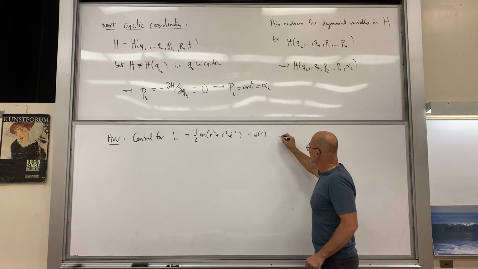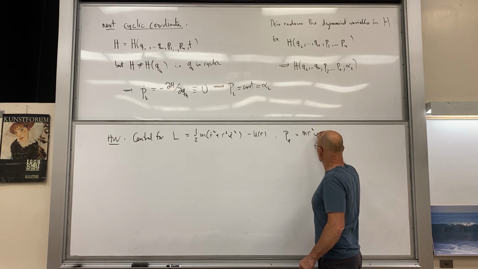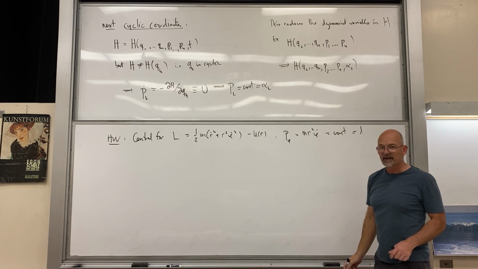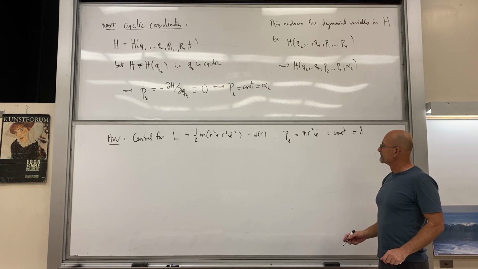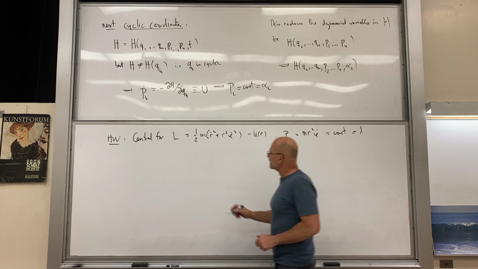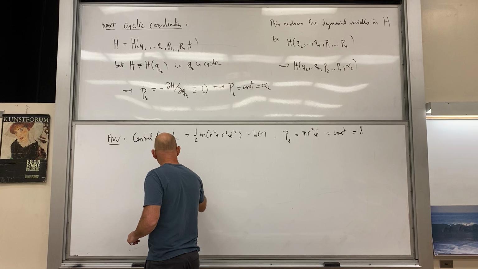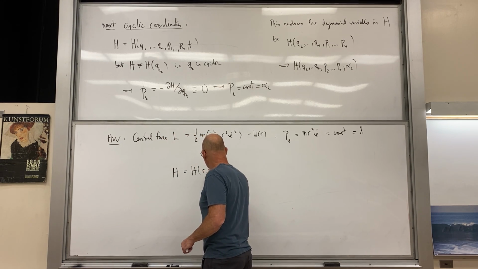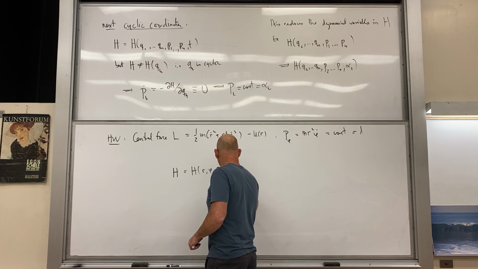And we know that P sub phi equals m r squared phi dot is equal to a constant, and we called it L, so angular momentum. Now H equals H of r, phi, p sub r, p sub phi.